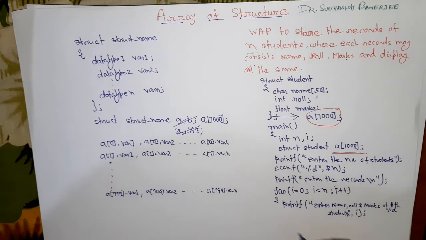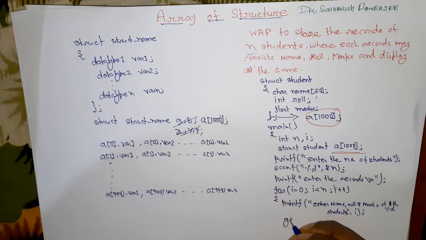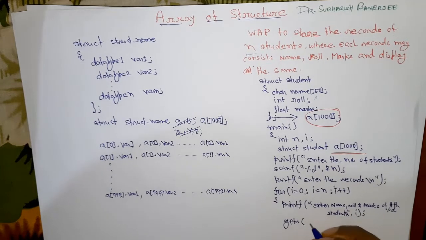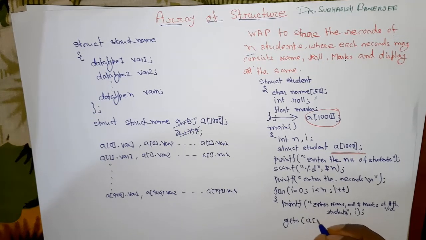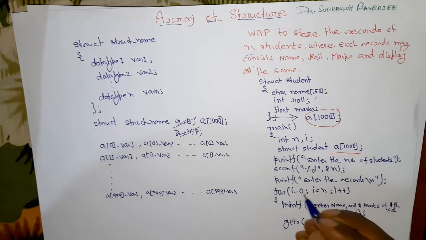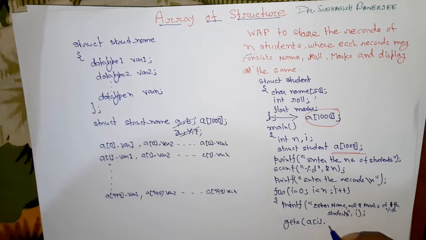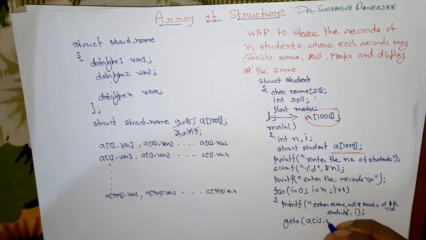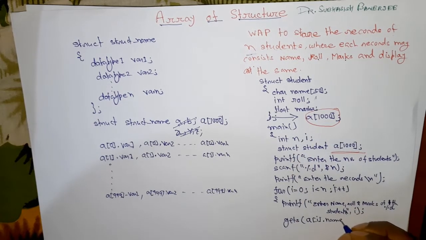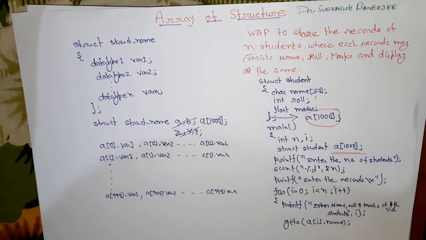As we know, to get inputs of the string type, we could use gets. So you may write gets of a of i, because here we are going to store the record of the first student, so it will be a0. The first one should be name, so a[i].name will be used. After inputting this, the user is going to provide the values of roll and marks.